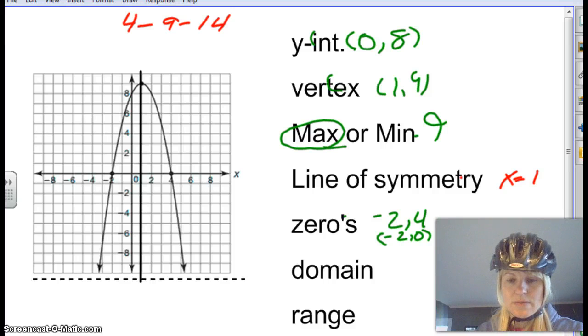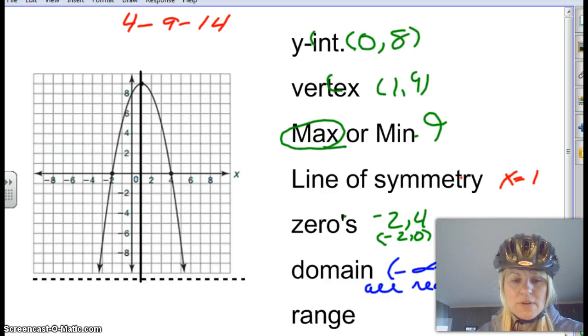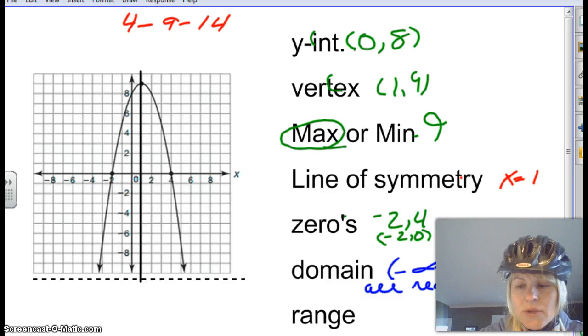Let's try this again. There you go. Negative infinity, comma, positive infinity. And like I said, this is the same thing as saying all real numbers, but with quadratics you tend to see the infinity sign.